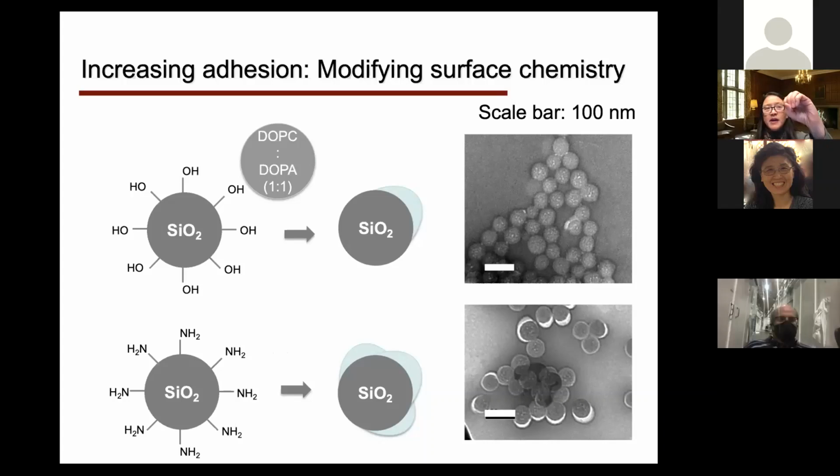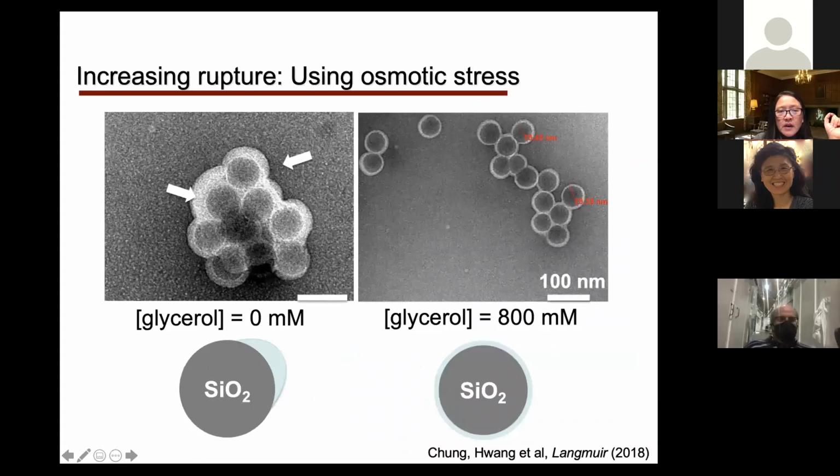So I have the particle and I enhance the interaction of the vesicle so that the on rate and the off rate can be adjusted so that it would adhere to the surface. And you can clearly see the adhesion once I make the modification of the vesicle onto this chemically modified surface.